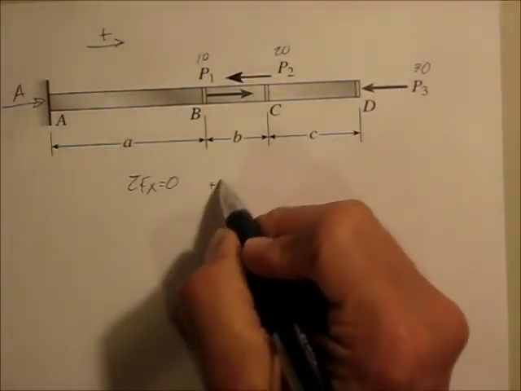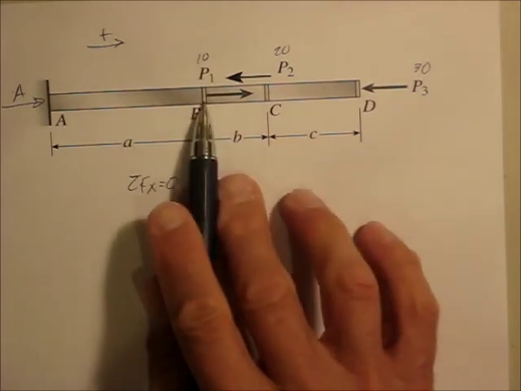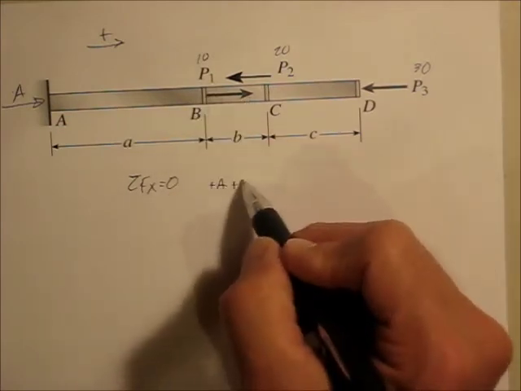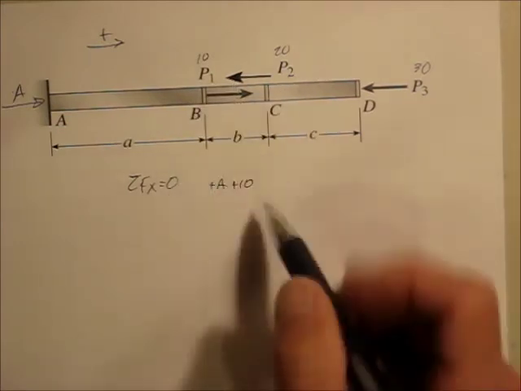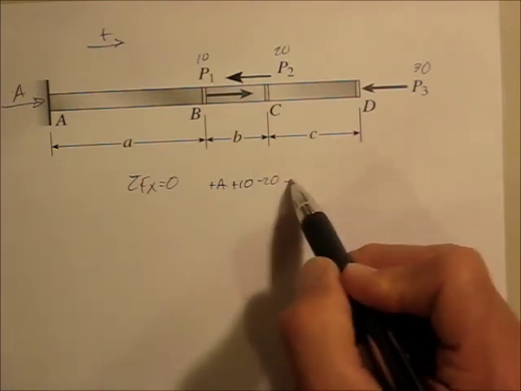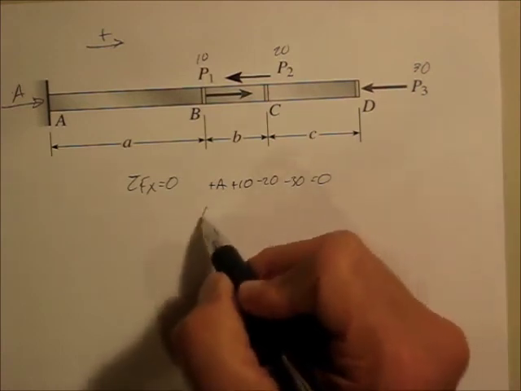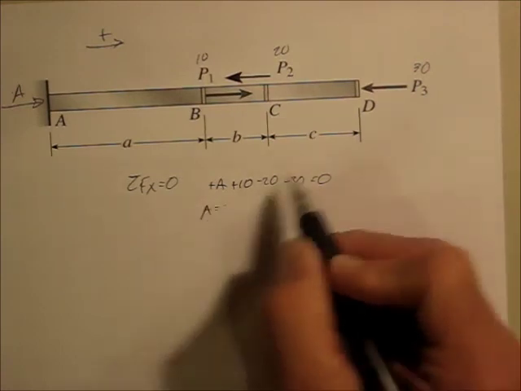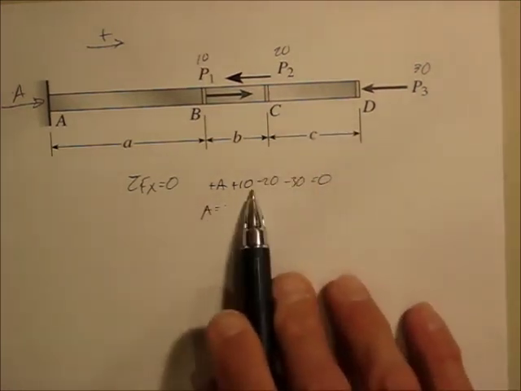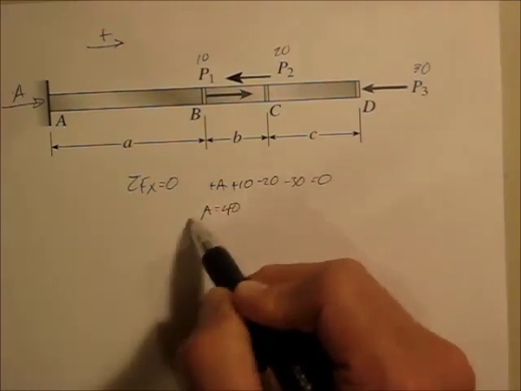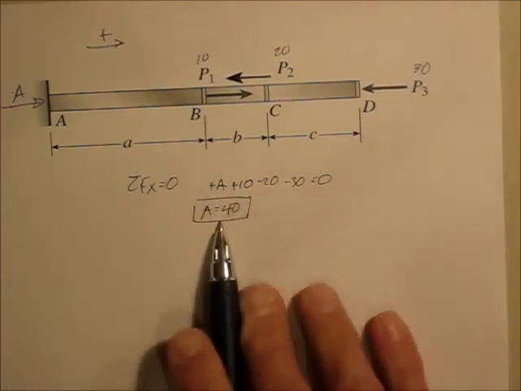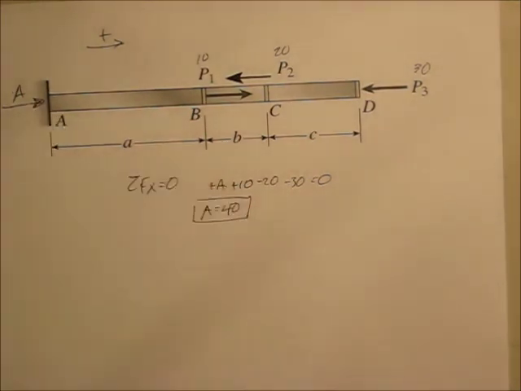So here I go plus A, plus P1, so plus 10, minus 20, minus 30 equals 0. So A is equal to 40. And I got a positive number, which means it agreed with the arrow that I was drawing.